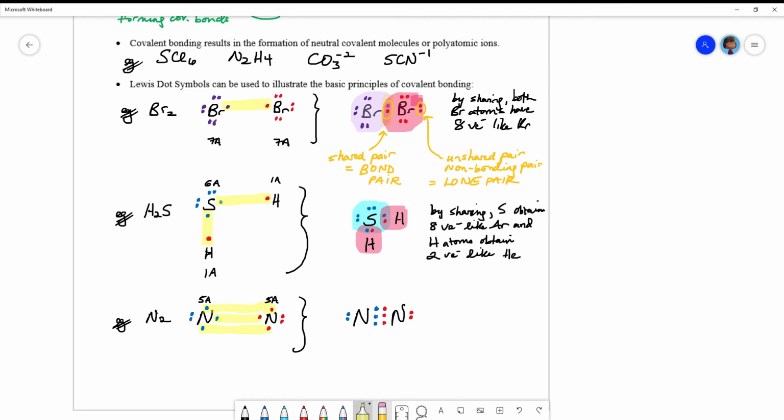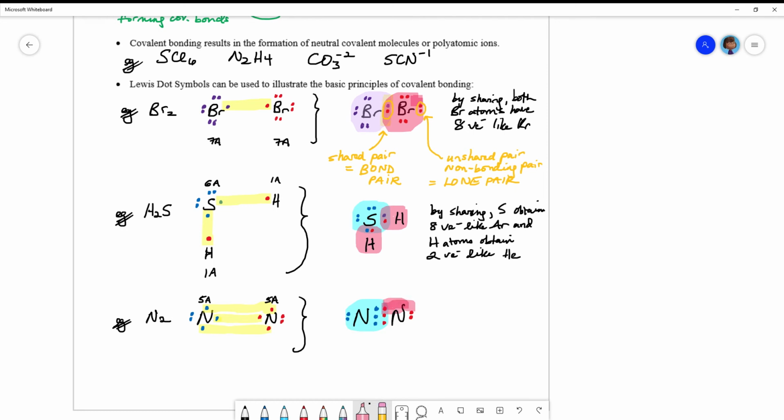So what do we have now? Well, now the nitrogen on the left claims all the electrons, including the shared pairs in between, as its own, which now gives nitrogen on the left a total of 8 valence electrons. And the same is true for the nitrogen on the right.